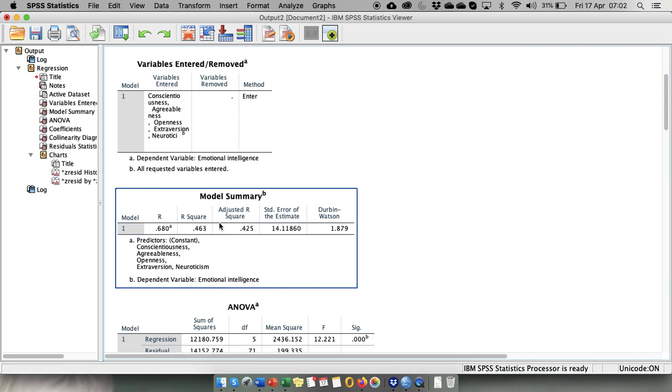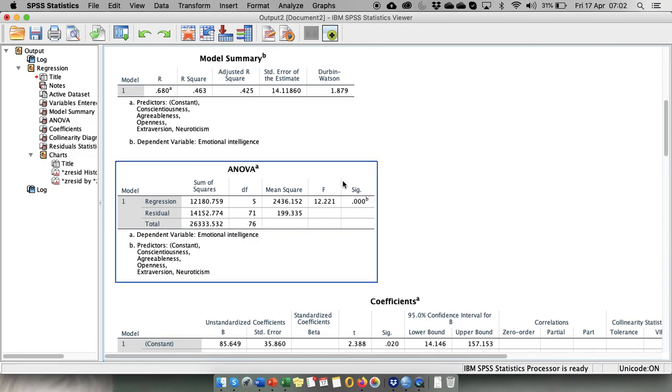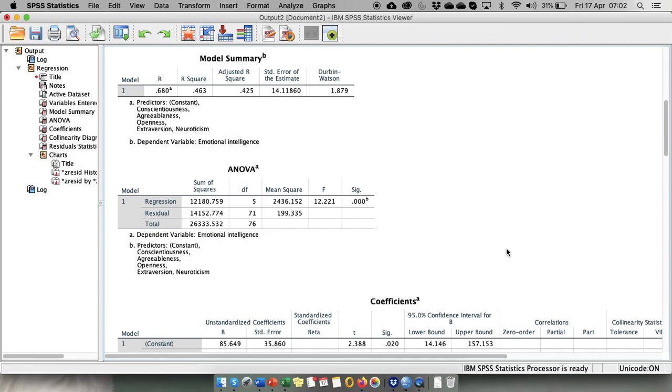So in this case, you reported 42.5%. Then, that the overall model you estimated is significant. So you report degrees of freedom for regression and for residuals. You report the F value and whether it's significant or not.